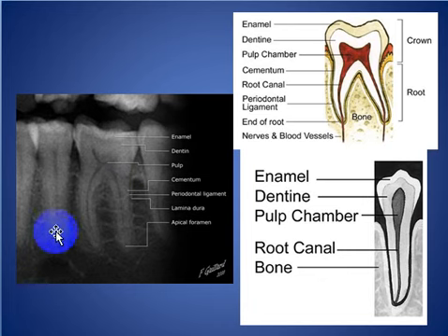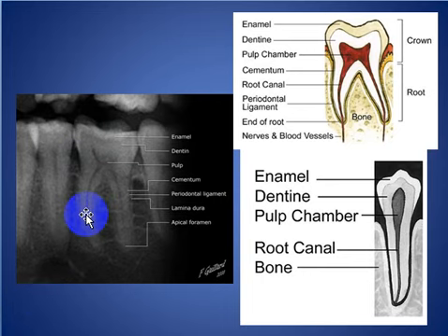It also covers the dentine, so this is the root canal, and the root canal is covered by cementum, and the cementum is covering the dentine and extends to the enamel and has no nerve supply.